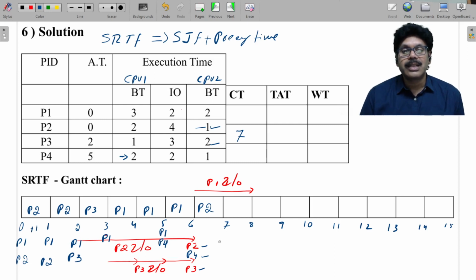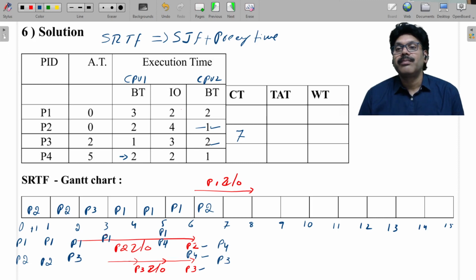Now, exactly at 7, P2 is not there, P4 is there, and P3 is there. Among P4 and P3, which is shorter? Whenever burst times are the same, then you need to look at who has come first. Who has come first? P3 came first because it came at 5.